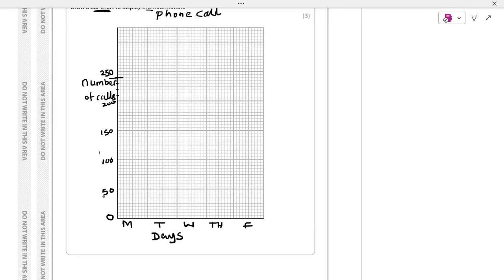So I will need to draw my bar. Now my bar, I'll start from here. When you're doing this, make sure you use a ruler. It's very important to use a ruler here. Draw straight up. I'll try for it to be as straight as I can.